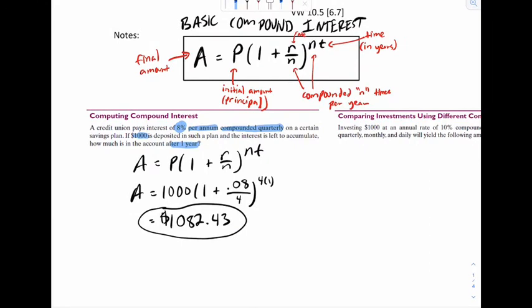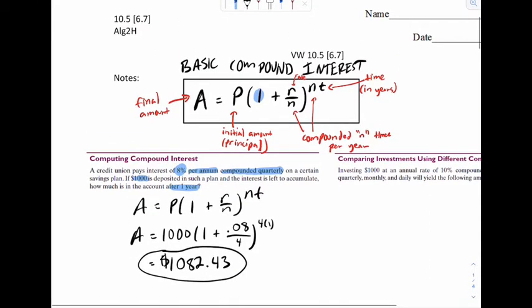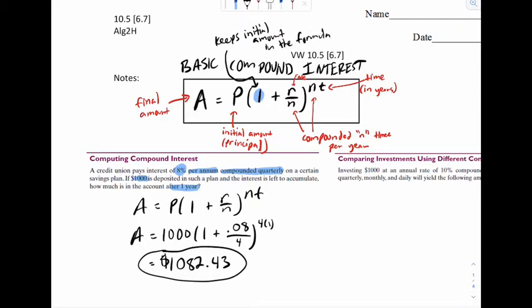That's why this is extremely important, because if you forget that, everything's going to be wrong. This makes sure that it keeps your initial amount in the formula, because without that, you lose the money you're putting into the calculation.